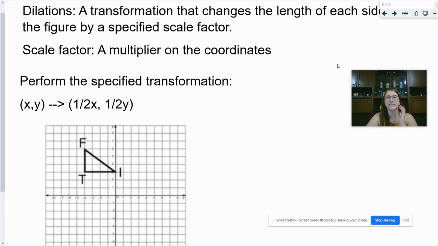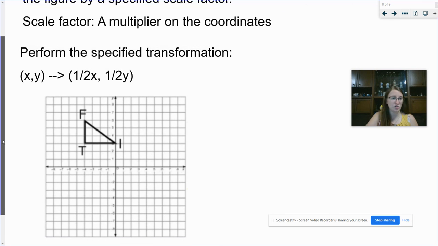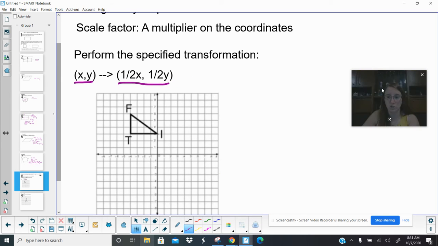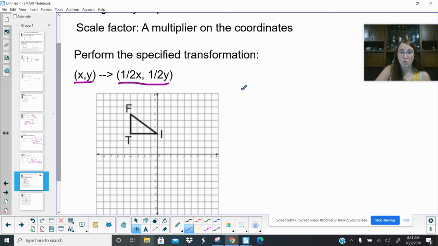So this works very similarly to the way the translations work. Notice the notation is very similar. Each point is going to have this happen to it. So to start with, we need to know the original points. We are going to perform this dilation by changing each point the way it tells us.